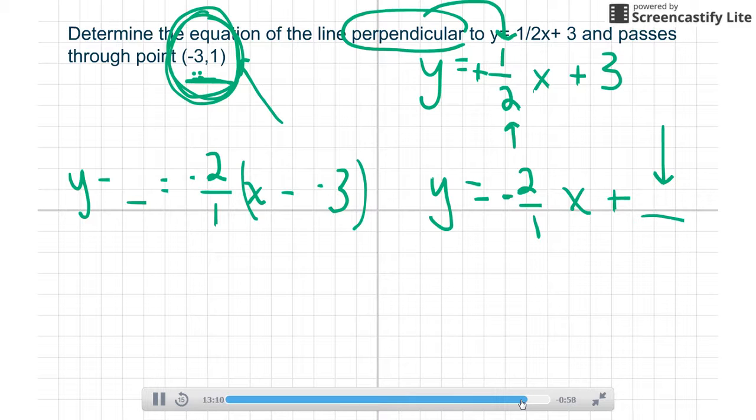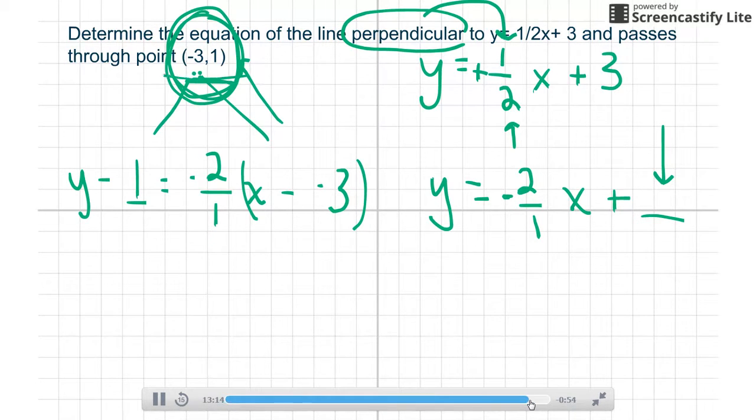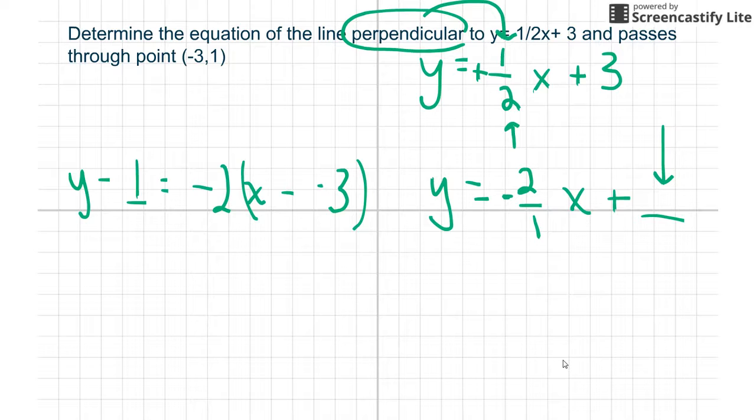So my x is a -3 down here, and my y is a 1. And I got that from this right here. I have to use this point. And then once I simplify that, that will give me my new equation.